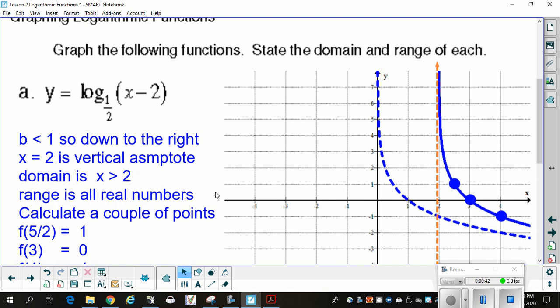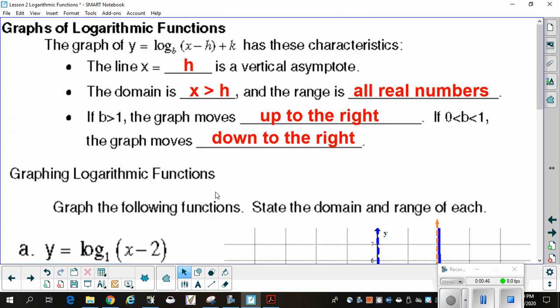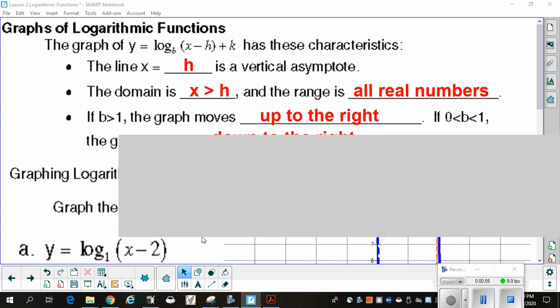So let's take a look at some of these. First off, I do want to show you what the parent function looks like.